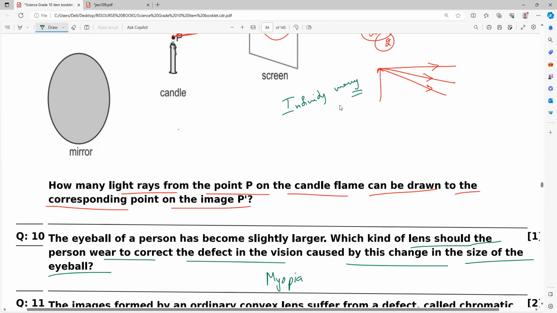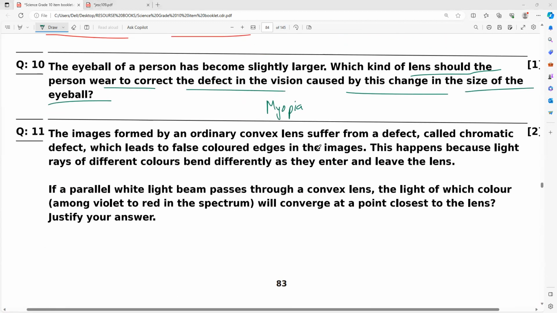Am I right? Yes. So the power is too high, that is why it happens. So what lens will we use to correct myopia, concave or convex? We have to reduce the power, so we have to use a concave lens. Concave means what lens? Diverging lens.